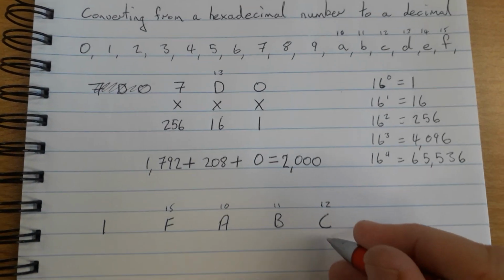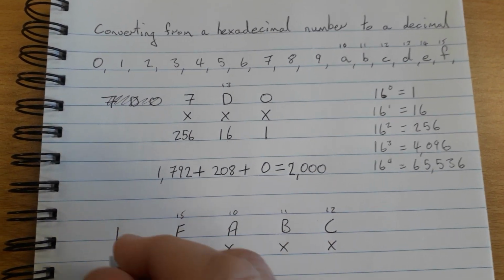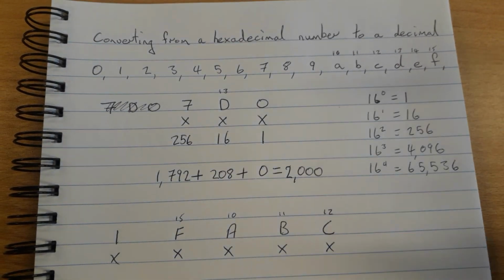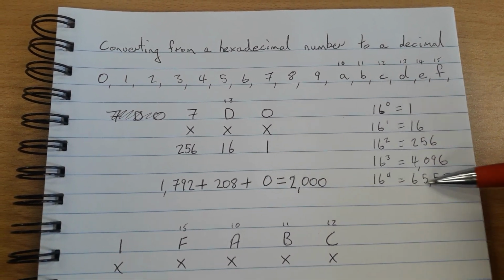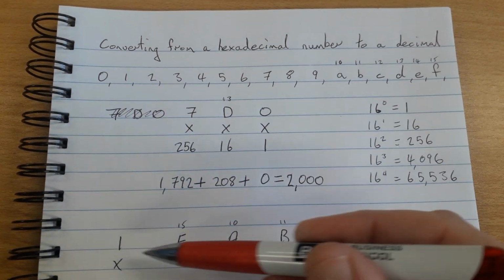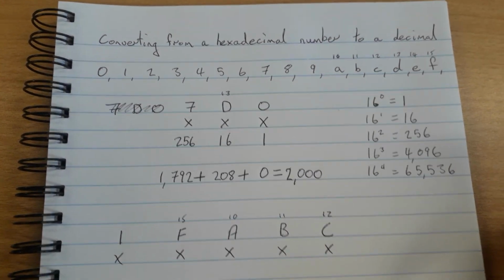Okay, we're going to be multiplying each of these by something. And because there are 5 digits here, we're going to have to go up as far as 16 to the power of 4 when we're doing our multiplication. If there were more digits in this number, we'd have to go as far as 16 to the power of 5, 6, whatever it happens to be.